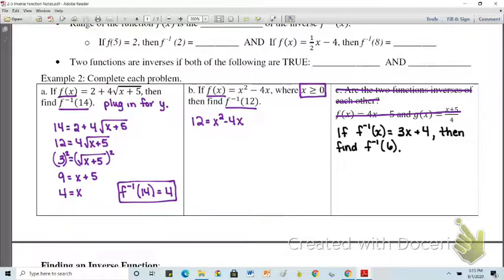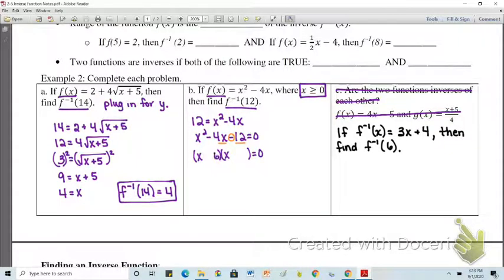From here, we are going to set equal to 0 because that is how we solve quadratics. So I'm going to bring the 12 to the other side. And now we are going to factor this. We could use the quadratic formula, but if we can factor it, it's usually easier. So what I'm looking at is what two numbers multiply to 12 and subtract to get me 4.